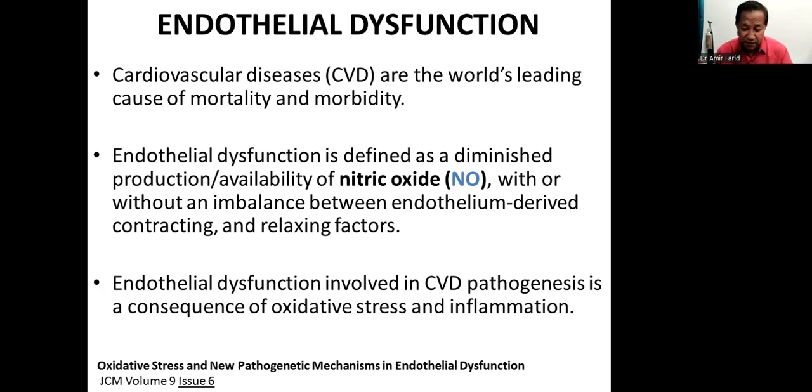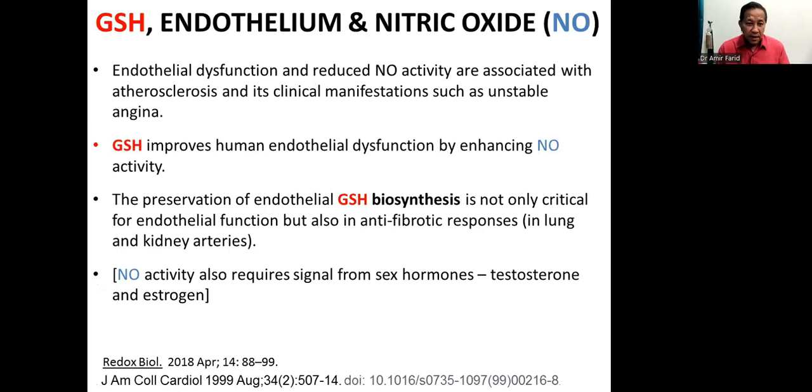Endothelial dysfunction involved in cardiovascular pathogenesis is a consequence of oxidative stress and inflammation. Likewise, in endothelial dysfunction in all the other organs, the main cause is also oxidative stress and inflammation. Endothelial dysfunction and reduced nitric oxide activity are associated with atherosclerosis and its clinical manifestations such as unstable angina.